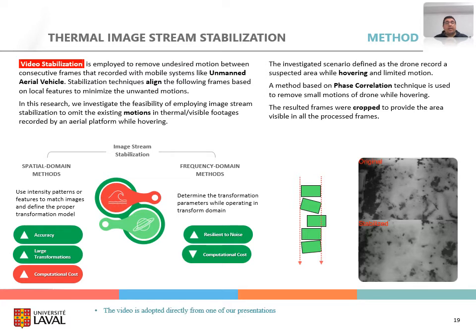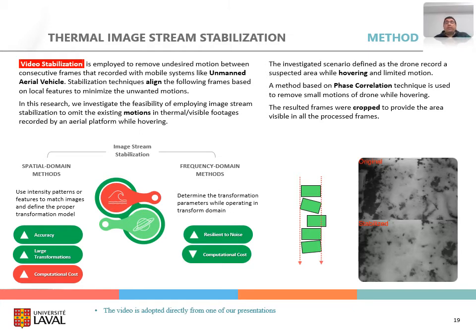Spatial domain methods have higher accuracy. They can handle larger transformations, but they have higher computational cost. On the other hand, frequency domain methods are more resilient to noise, and they have lower computational cost compared to spatial domain methods. So in this study, we actually focus on frequency domain methods.